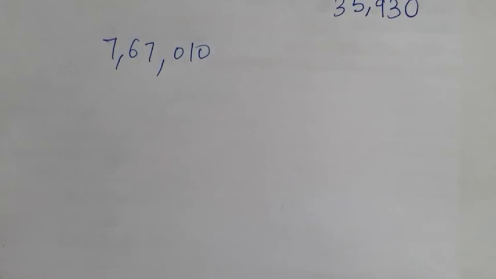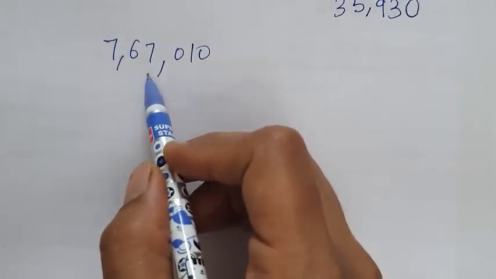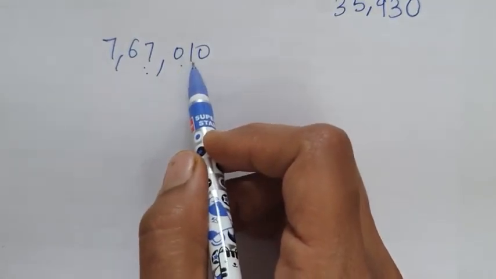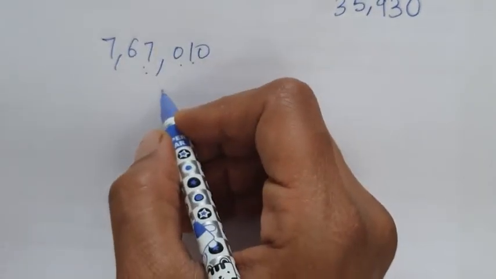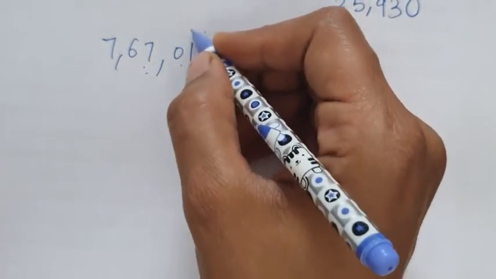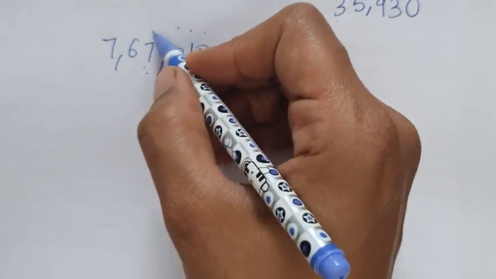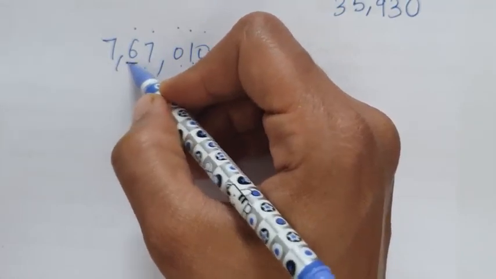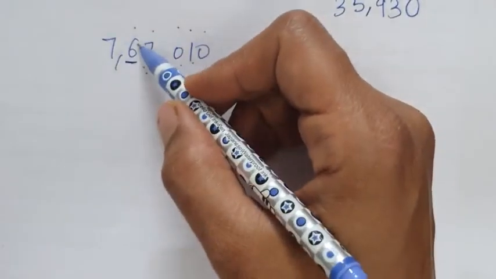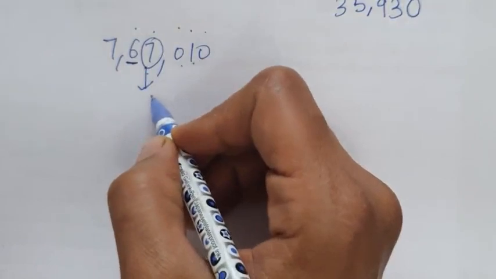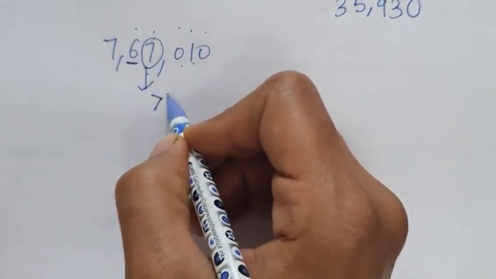Now the next number is 767,000, and let us round off to the nearest 10,000. Ones, tens, 100, 1,000, 10,000. What is the first step? Underline it. Then the next step is we will put the circle. Now see, this digit is greater than 5.